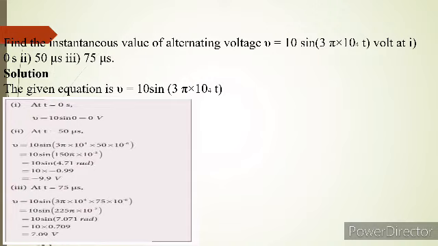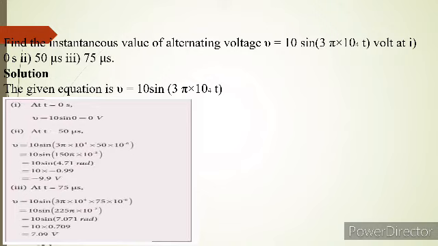We have to find the instantaneous value at each instant, that is 0 seconds, 50 microseconds and 75 microseconds. So they have given different instantaneous times, and we have to find the value at each of these times.